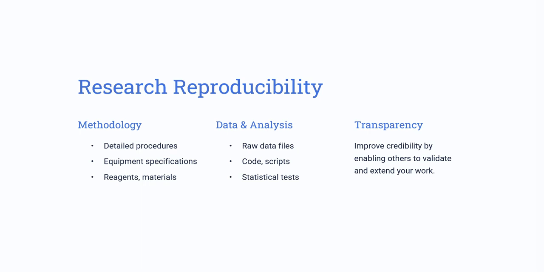And the data and analysis: the raw data files, code, scripts, and the statistical tools. I am talking about the statistics. Suppose I can divide the students into two parts, who know coding and who don't know coding. Many people use R, Python, Jupyter notebook.